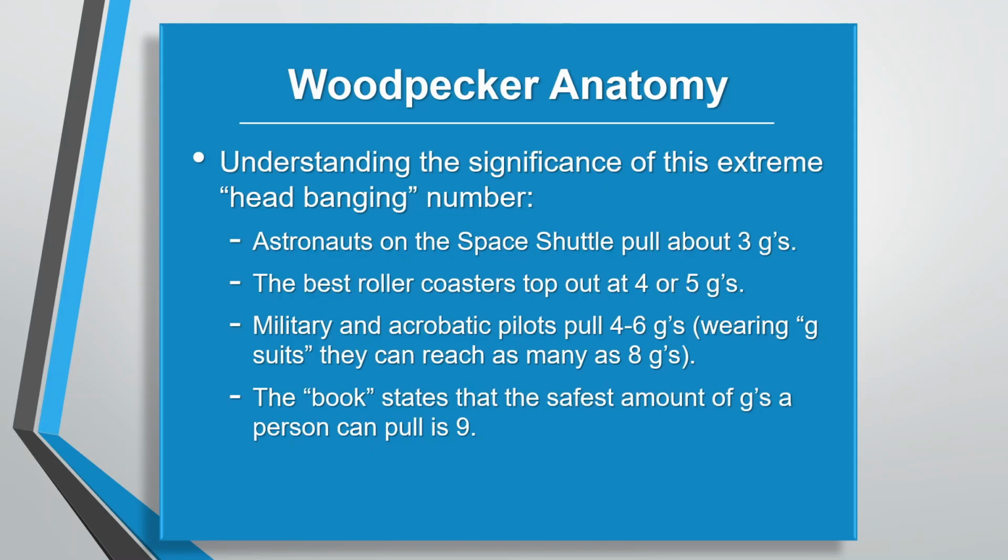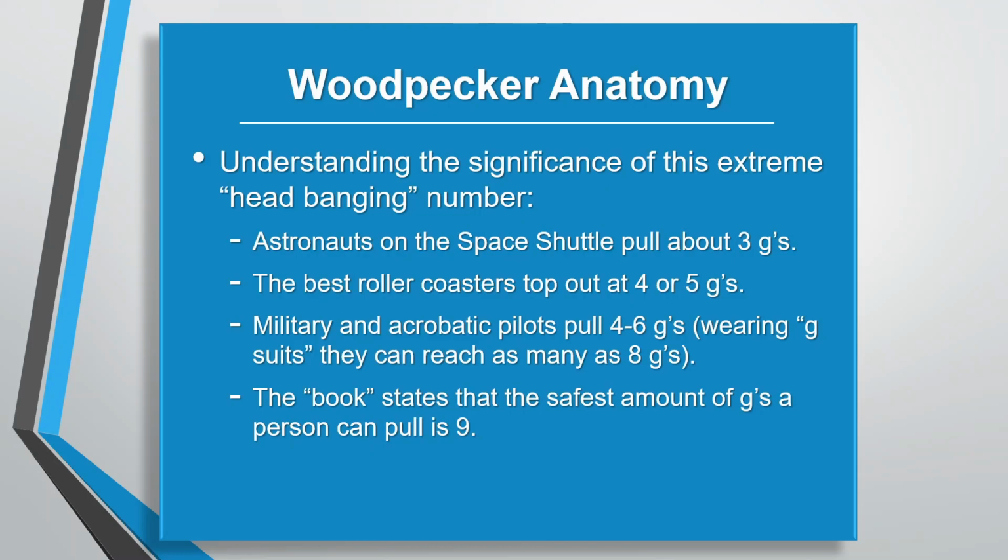And for some other examples, astronauts aboard the space shuttle pull about 3 Gs while they're lifting off. Well, the best roller coasters generally top out at 4 or 5 Gs. Military and acrobatic pilots regularly pull 4 Gs during maneuvers, which can increase to 6 Gs during some of the more difficult maneuvers.